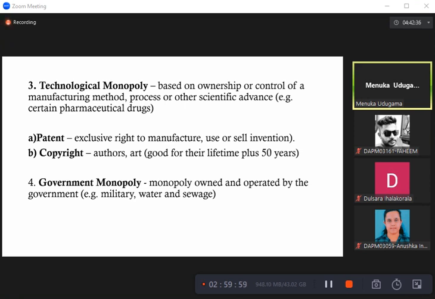Again, you will see government monopolies have become monopolies due to certain regulatory or statutory reasons, such as military or defense. This can only be run by the government, and it will not allow military weapons dealing, for example, to be done by the private sector for security reasons. Water and sewage also might be a government monopoly.